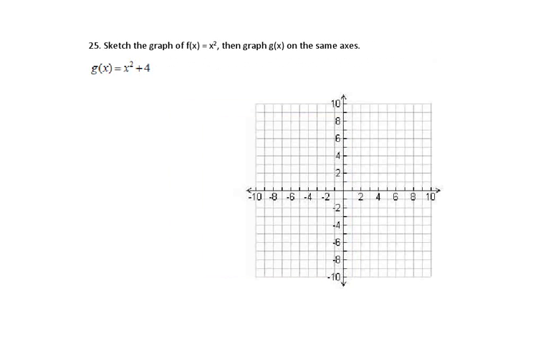25 wants us to sketch the graph. Sketch the graph of x squared plus 4. Now x squared has points (0, 0), (1, 1), and (negative 1, 1). So let's plot that. That's in the center, (1, 1), (negative 1, 1).